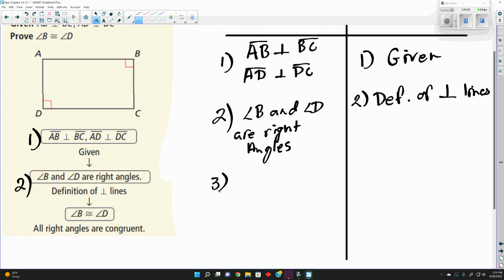And our last step is saying what? Angle B is congruent to angle D. All right angles are congruent.